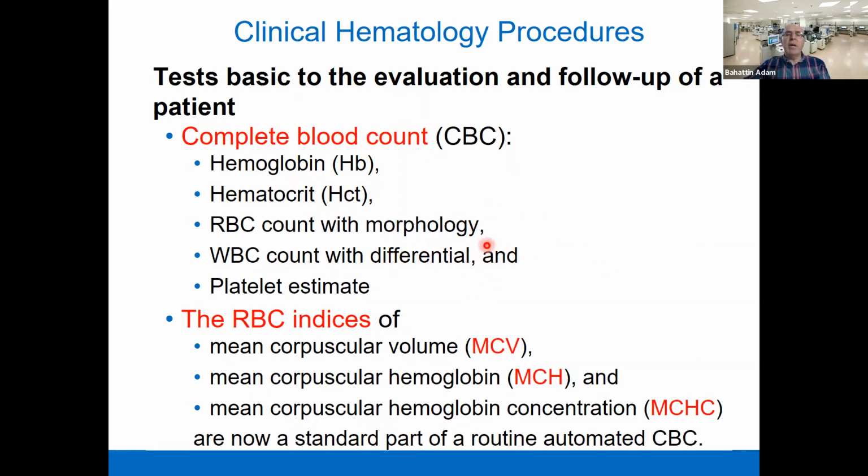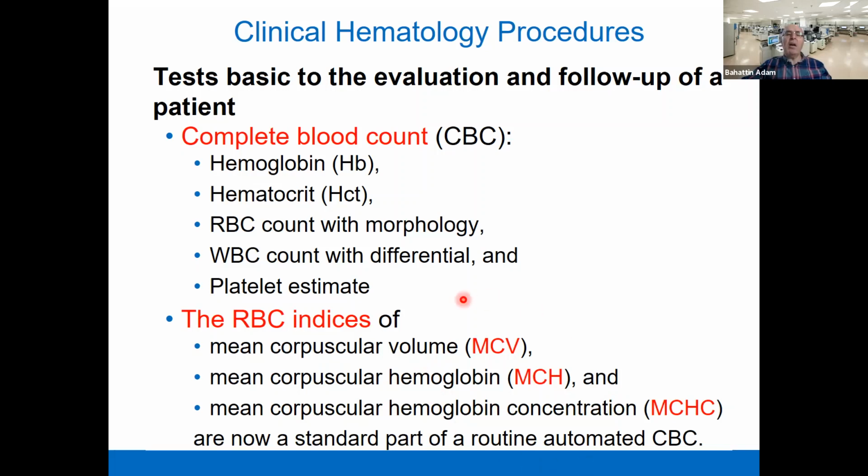Some of them we are doing with instruments, and we also provide physicians some other parameters, which are the red blood cell indices. These are mean corpuscular volume, MCV, mean corpuscular hemoglobin, MCH, and mean corpuscular hemoglobin concentration, MCHC.